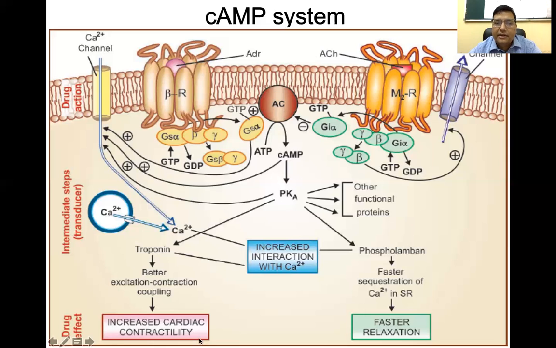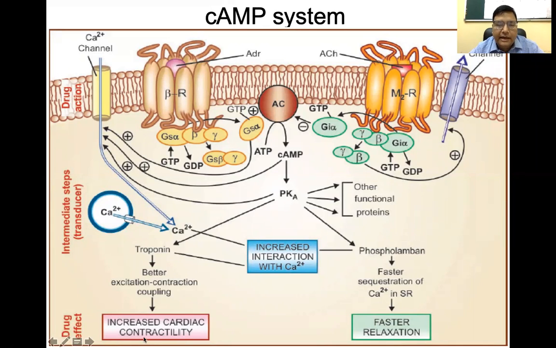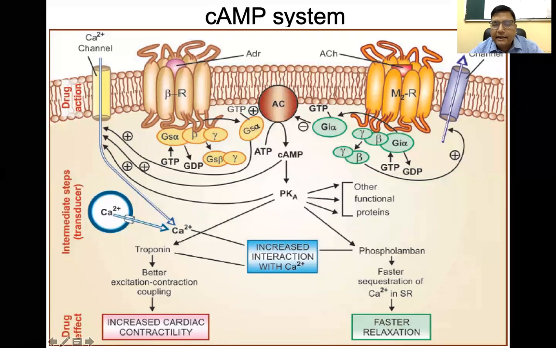This whole diagram is that of a cardiac myocyte, cardiac muscle. So this will ultimately lead to increased cardiac contractility and relaxation, thereby leading to quick contractility and relaxation.